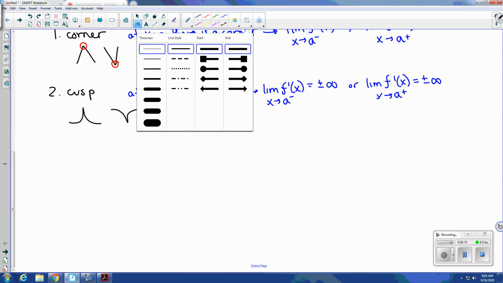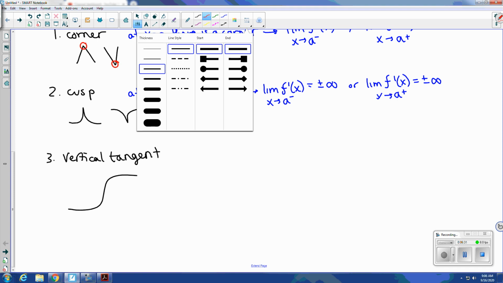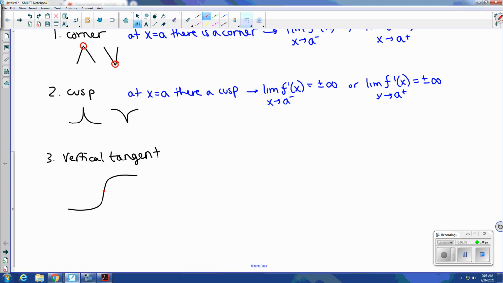Option 3 will be a vertical tangent. So that will happen in certain functions where at a point that we approach the tangent line, again, I'll try to draw that a little bit steeper to better illustrate the point.